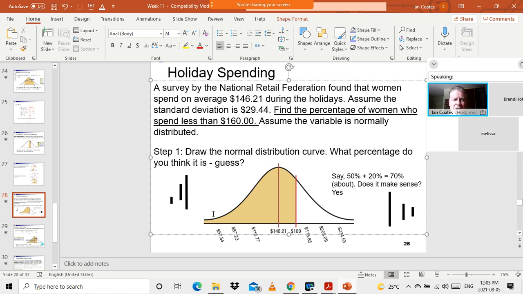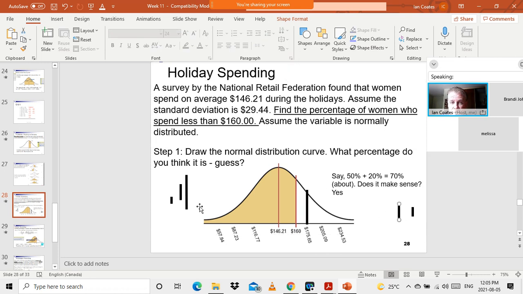So, you may or may not get this, but it's easy enough to draw. You draw your Gaussian curve, and you could actually put in your mean, $146.21. Your standard deviation is $29.44. If you're unsure about how to, you can practice these a couple times.